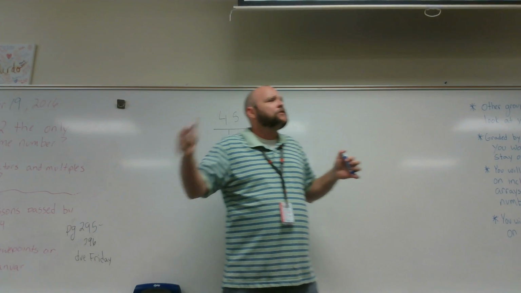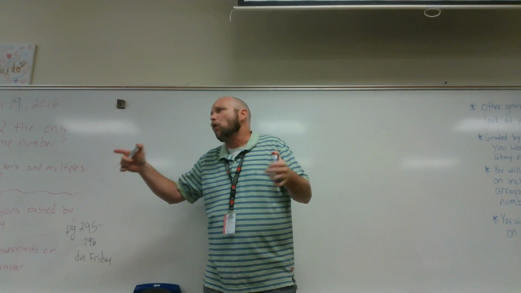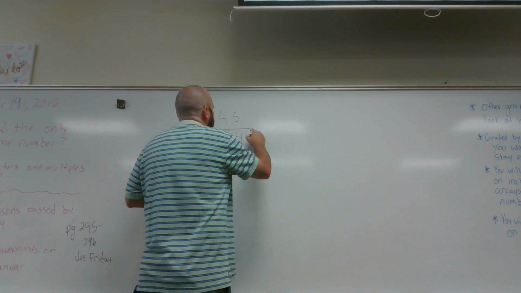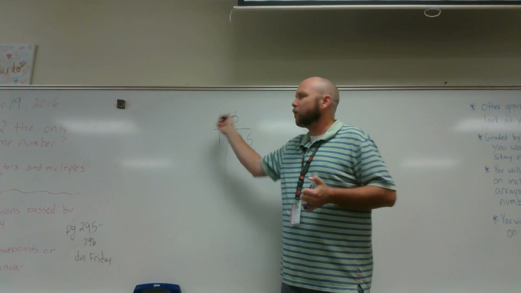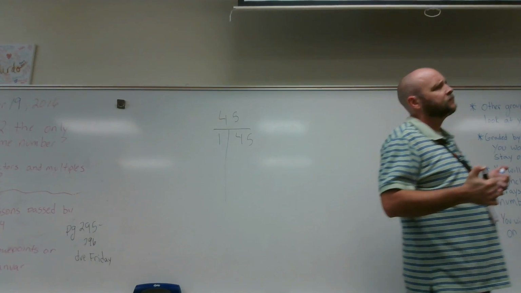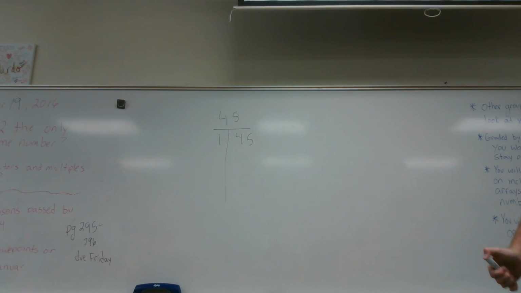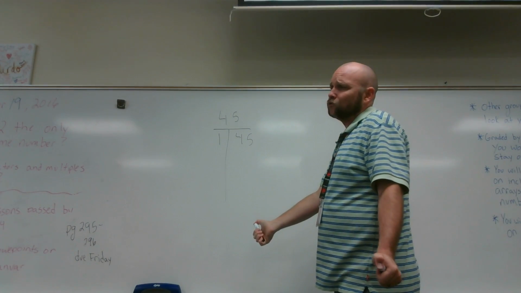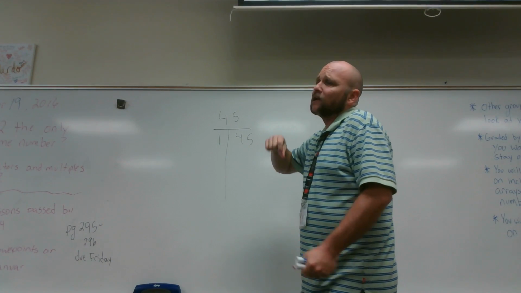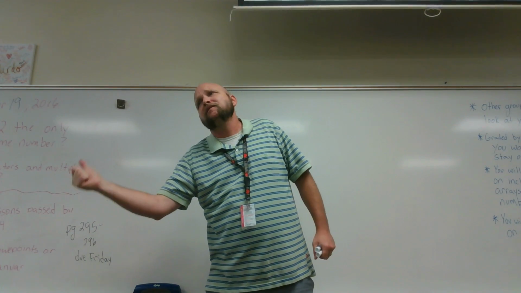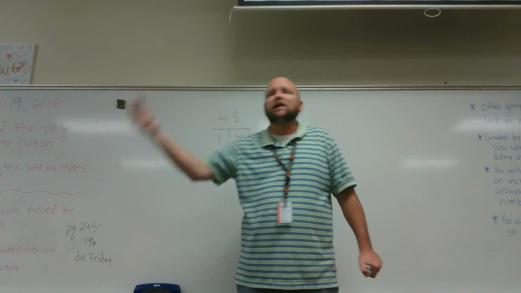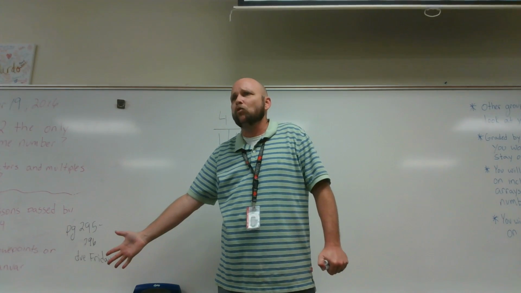All right. So, we always start with 1 times 45, or 1 times whatever your number is at the top. And if we go through the divisibility rules, the divisibility rule for 2 says a number is divisible by 2 if it has a 0, a 2, a 4, a 6, or an 8 in the ones place.